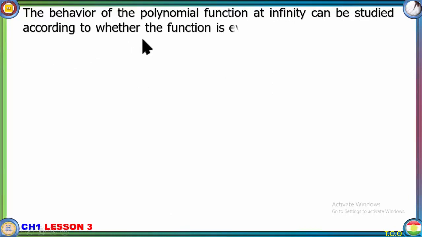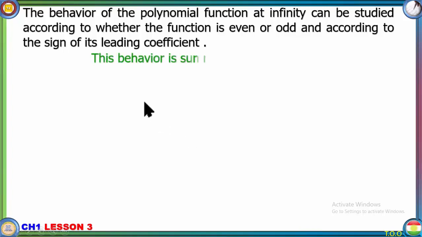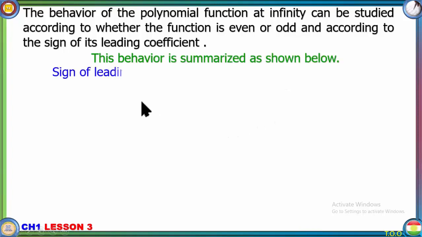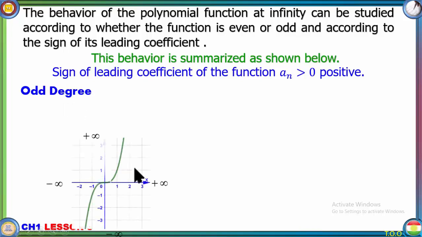The behavior of the polynomial function at infinity can be studied according to whether the degree is even or odd, and according to the sign of its leading coefficient. The behavior is summarized as shown below. If the leading coefficient a_n is bigger than 0, that means it is positive, and the degree of the polynomial function is odd, it becomes like this.